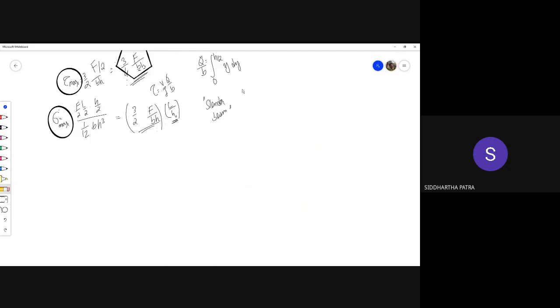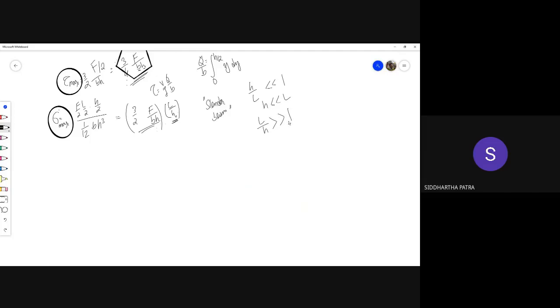So basically, my point is for a slender beam, which is a very thin beam, with a thin cross section, much thinner than its length, for a condition where it can really be called a beam, H by L is much smaller than 1, or H is much smaller than L, which is L by H is much greater than 1.